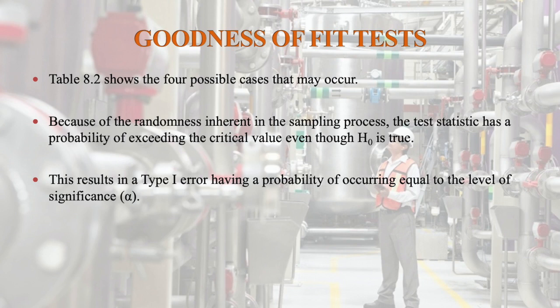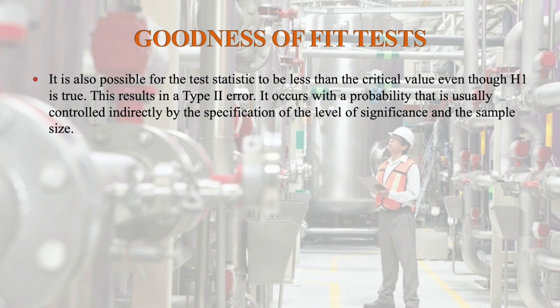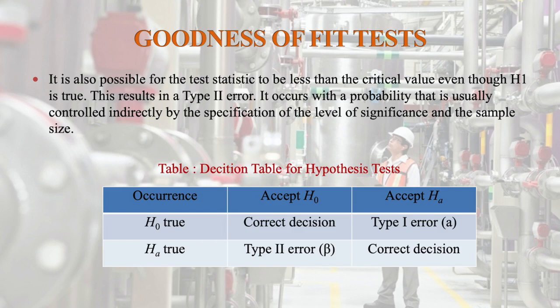It is also possible for the test statistic to be less than the critical value even though H1 is true. This results in a type 2 error. It occurs with a probability that is usually controlled indirectly by the specification of the level of significance and the sample size. In this table you can see the decision table for hypothesis test occurrences.